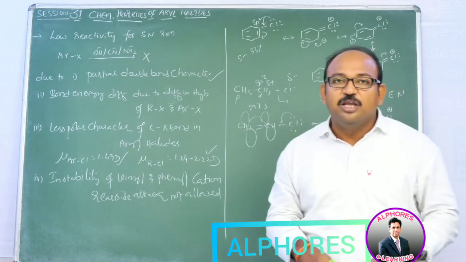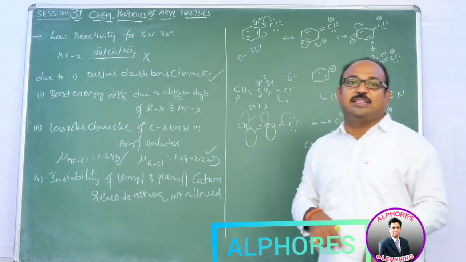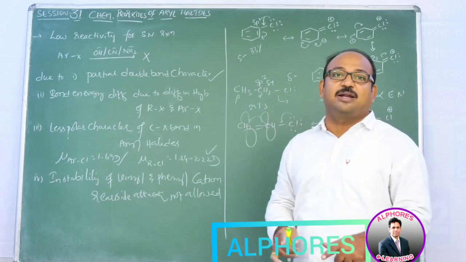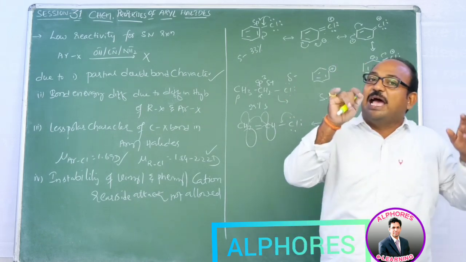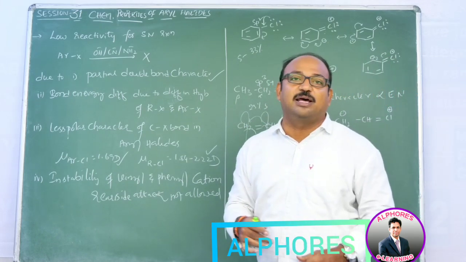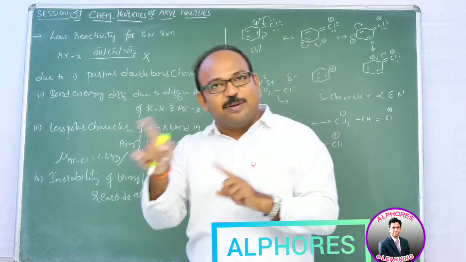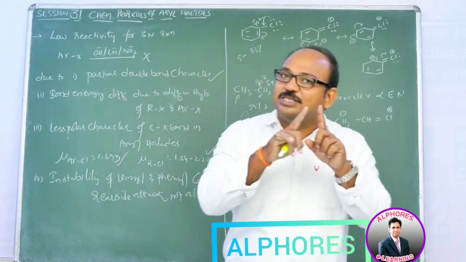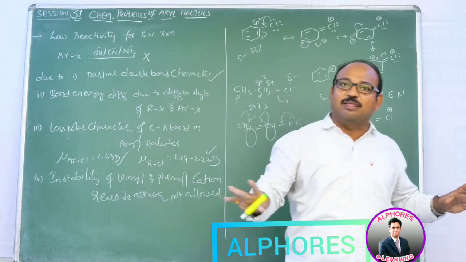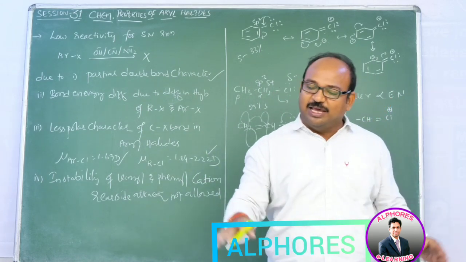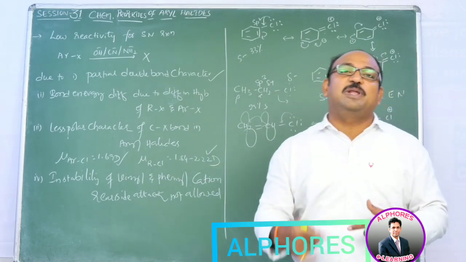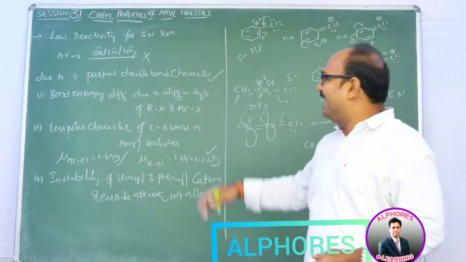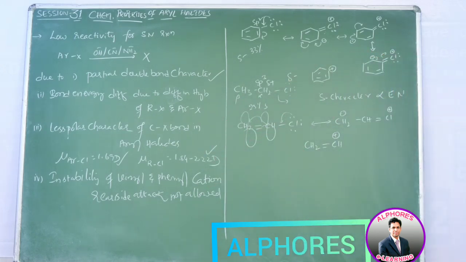Instead, it shows its original behavior, that is minus I character. Whenever halogen shows minus I character, the C-Cl double bond character is stopped, meaning the C-Cl double bond character is not there. Whenever only a single bond is there, then we can make displacement reactions. Okay, let us see how such reactions are proceeding.